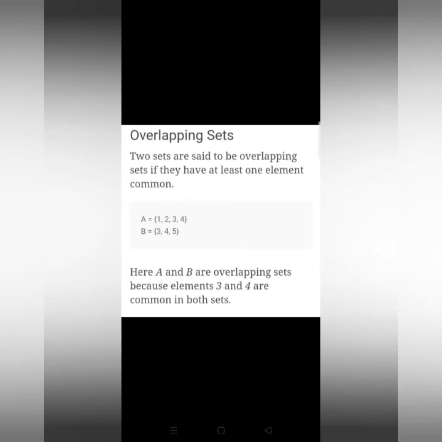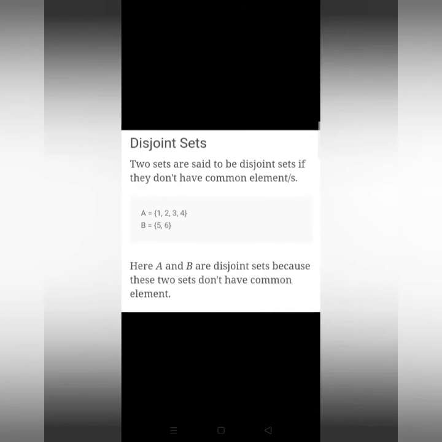Do you understand, students? Okay. Then another type is disjoint sets. Two sets are said to be disjoint sets if they don't have common elements. A equal to 1, 2, 3, 4. B equal to 5, 6. Here you check all the elements are different. Therefore, these two sets do not have any common element. Therefore, they are disjoint sets.